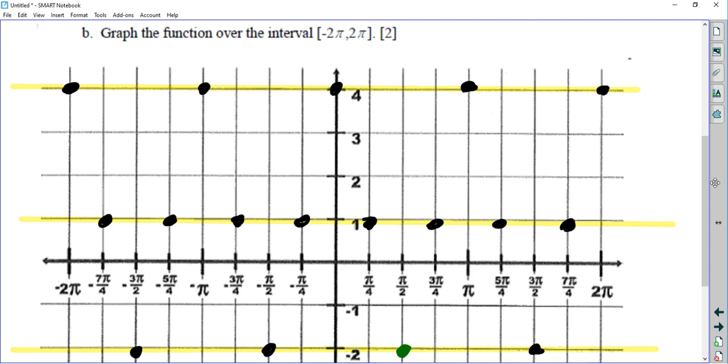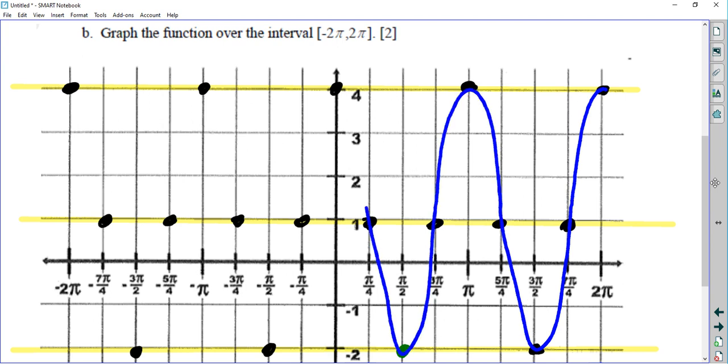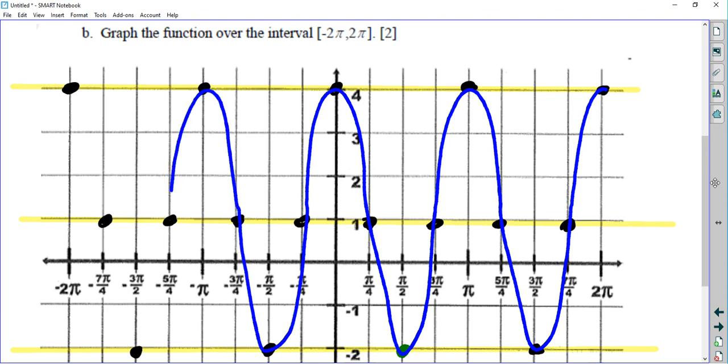And draw your cosine graph. So there's the graph. We graphed it over the interval.